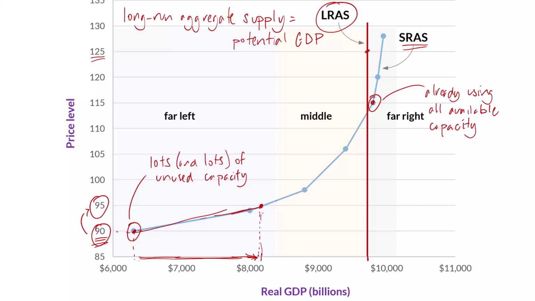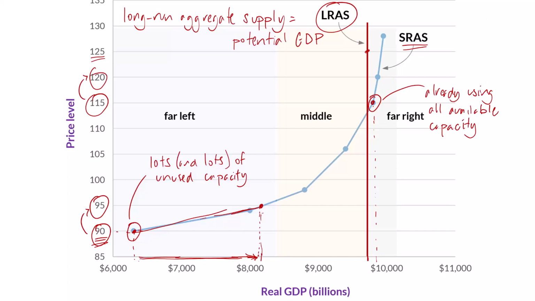All right, now if we are at this point, then the price level is at 115. So again, let's say that we go up by 5 points. Now in this case, because we're already above potential GDP, the price level can increase by the same amount that we were talking about before, or at least the same 5 points. We should be looking at percent changes, but this is fine for now. Price level goes up by 5 points.